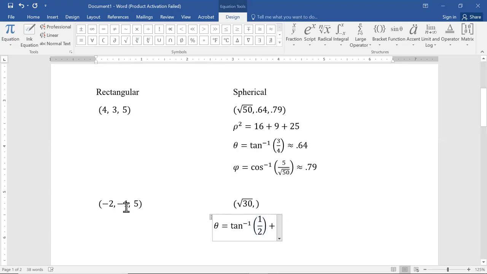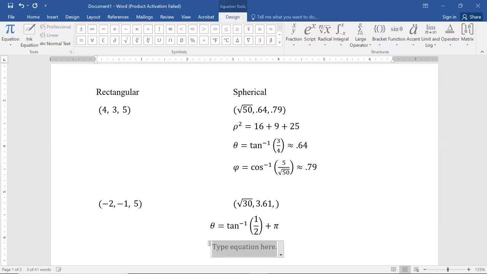But because the XY coordinates give me quadrant 3, I'm going to add pi to that. And so if I take the inverse tangent of 1/2 plus pi, I get about 3.61. And then because I did the hard work of quadrants here, I don't have to do the hard work of quadrants when I calculate my phi.